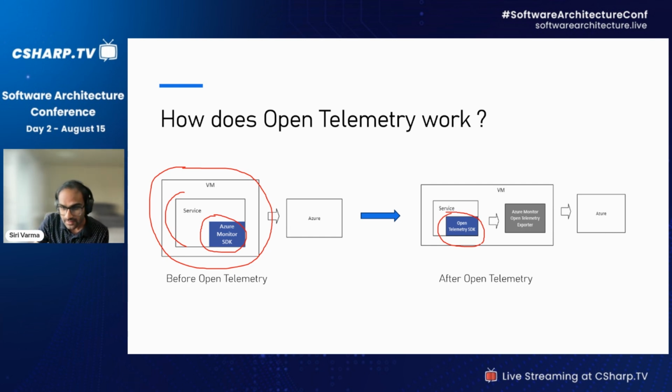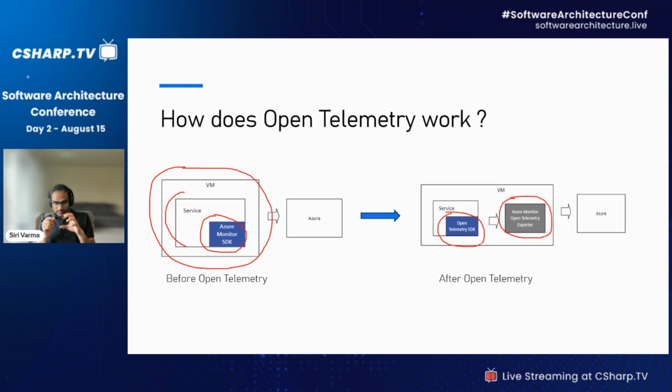And then we have the cloud-specific exporter. To clarify, the exporter is not a sidecar. It is just another package in your C# or a Maven dependency in your ops, right?